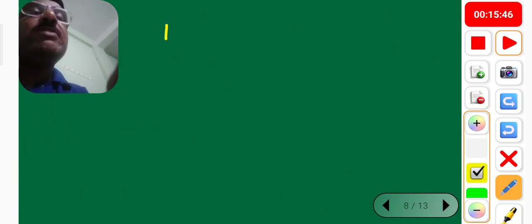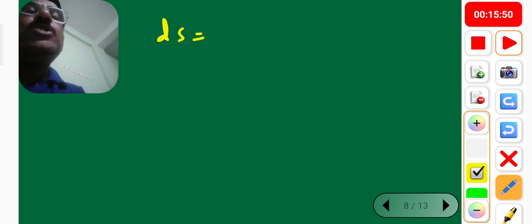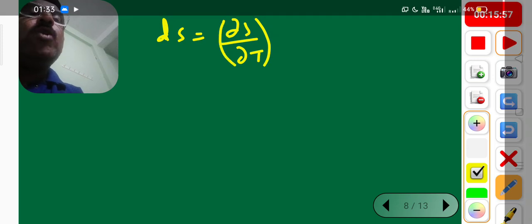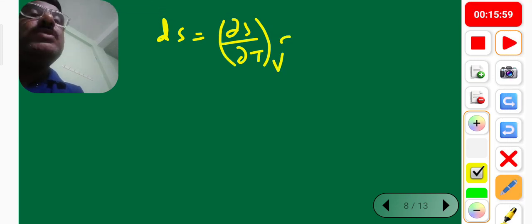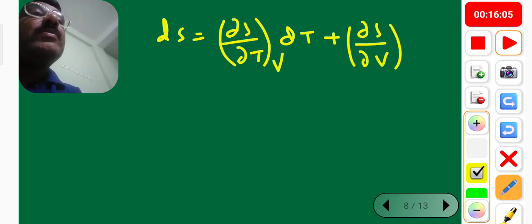Our first equation is dS equals (∂S/∂T) at constant volume into dT plus (∂S/∂V) at constant temperature into dV.